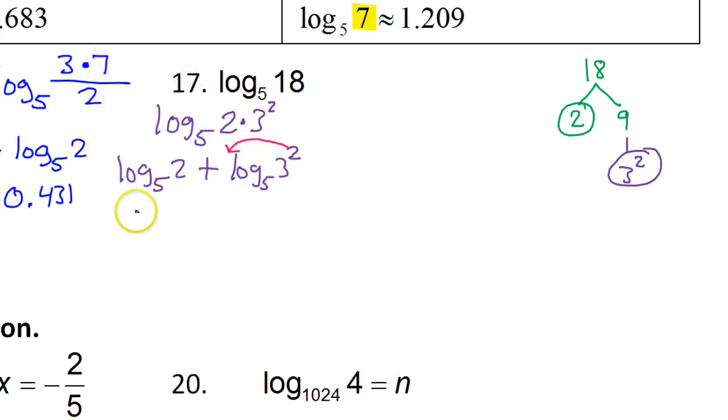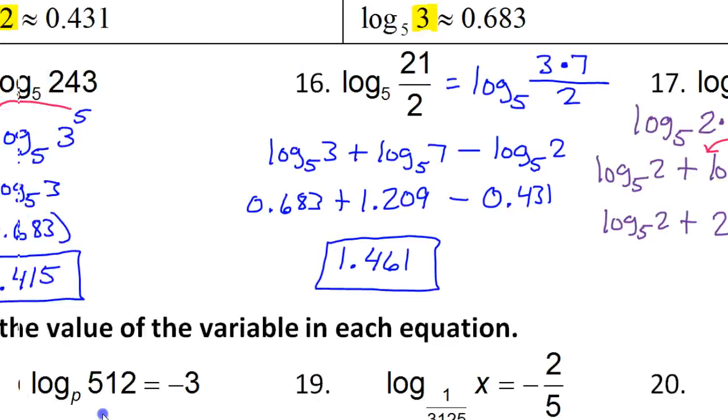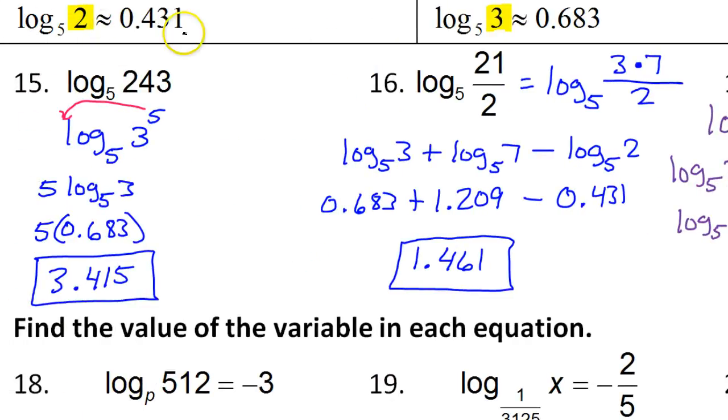Okay, so really we will have log base 5 of 2 plus 2 times the log base 5 of 3. Now if you do it the other way, you should get the same answer as me. Alright, because obviously 2 times something is the same thing as adding it up. It's no different. Anyway, log base 5 of 2, we know that that is 0.431.